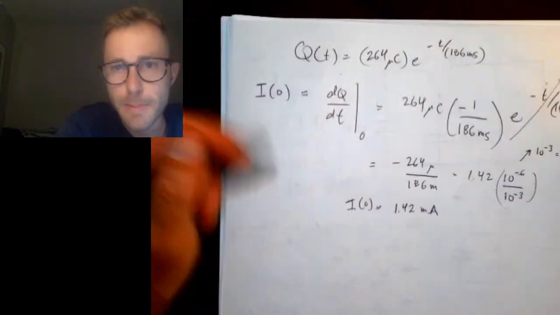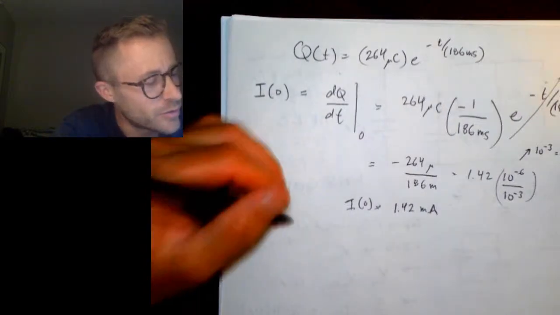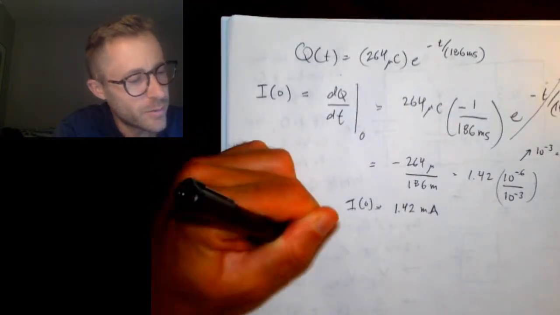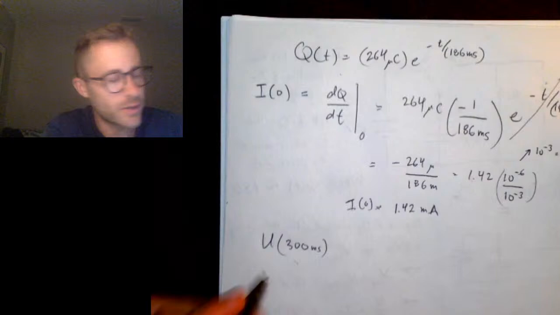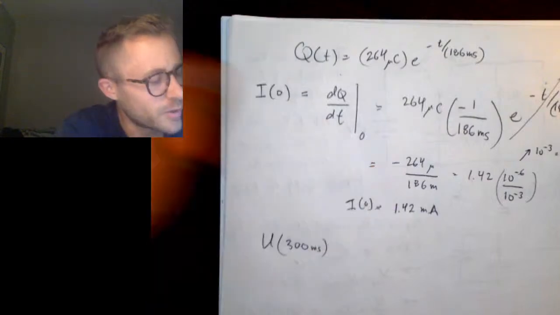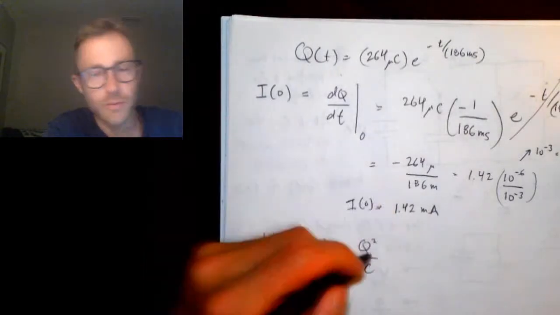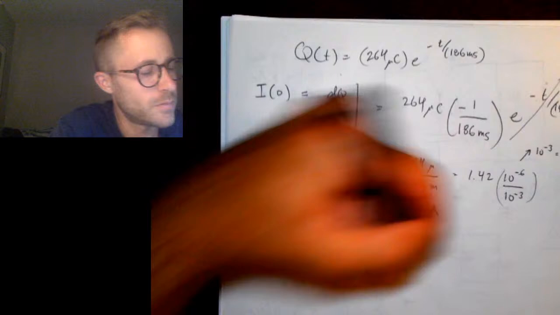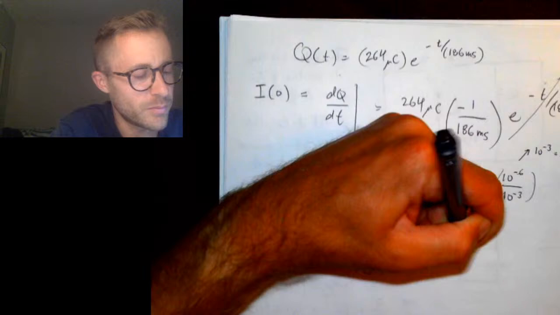Another thing I could ask is what is the energy stored in the capacitor at 300 microseconds? So the energy evaluated at time 300 microseconds. That's going to be Q squared over 2C. So the first thing I'm going to do is figure out what is Q squared, or what is Q of 300 milliseconds.